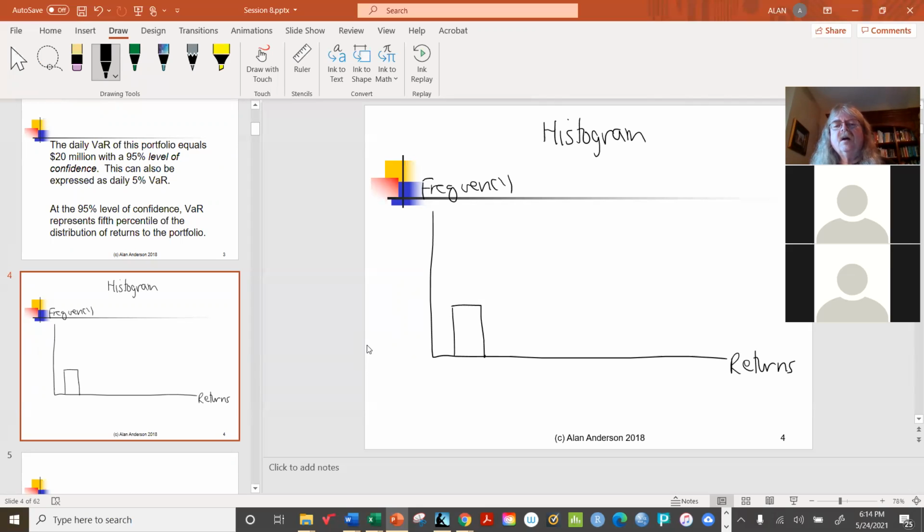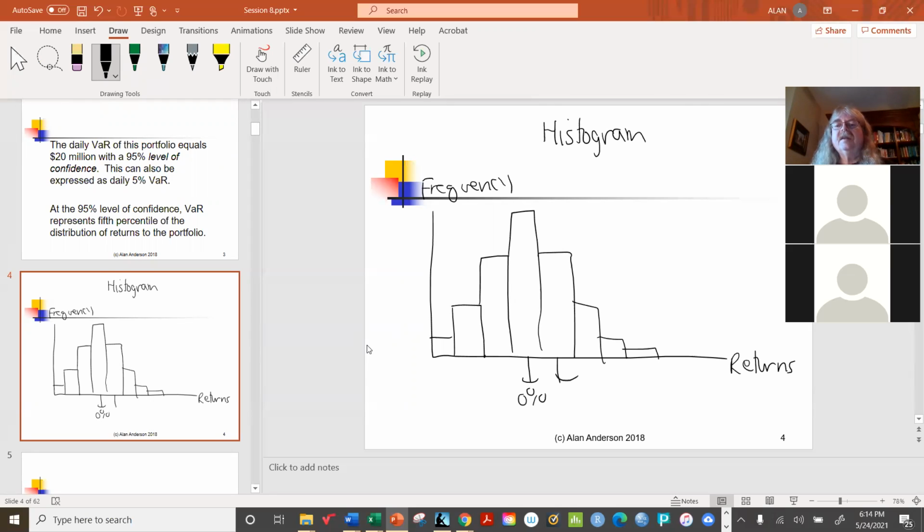And each bar represents a different rate of return. And the heights of these bars represent frequencies. So for example, let's say this bar represents breaking even. And remember, these are daily returns.